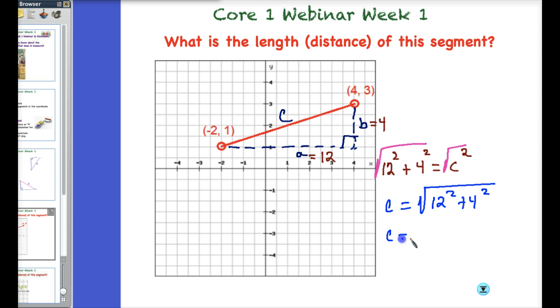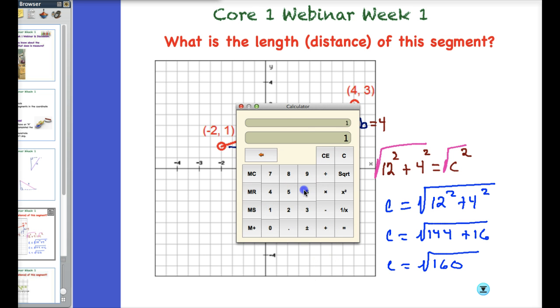Okay, and if I simplify that, I get the square root of 144 plus 16, or the square root of, if I add all this together, 160. And if I do that in my calculator, take the square root of 160, I get 12.6.